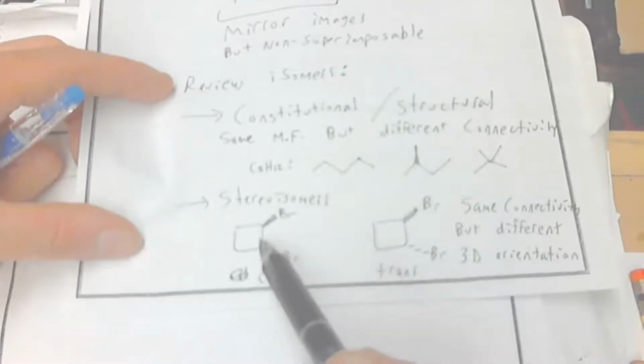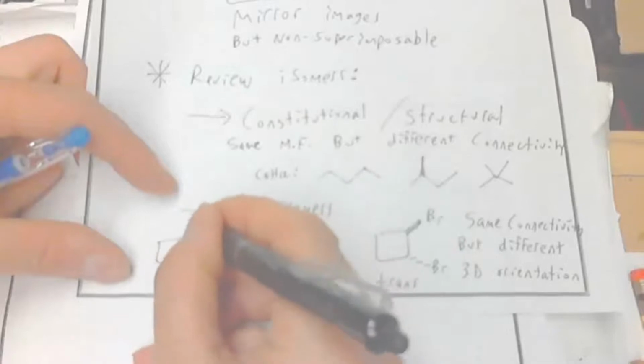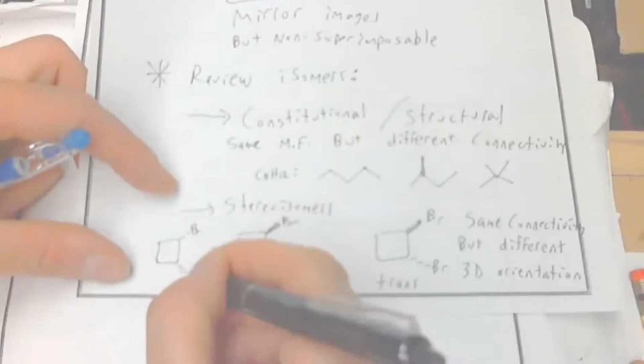Well, there's a lot to that question. Some of that I'm going to have to answer a little later, because it'll be easier once you know a bit more. We're early on in this process. But is there another way I could draw cis and have it be cis? Yeah, that's cis also.